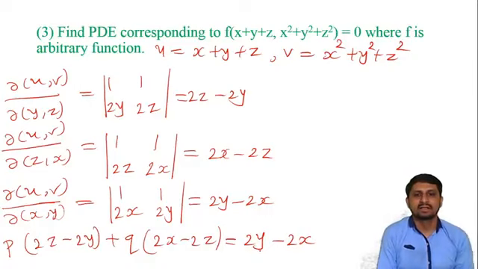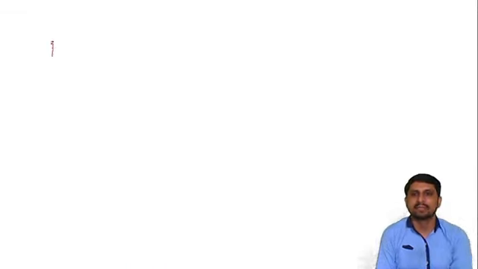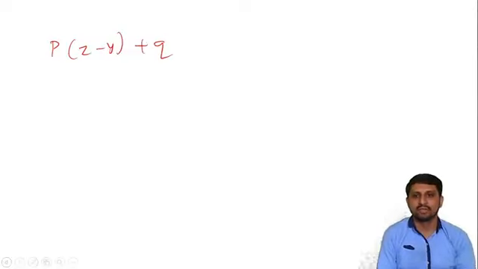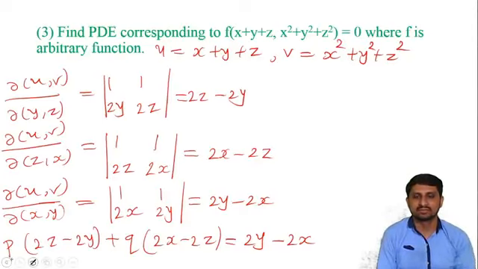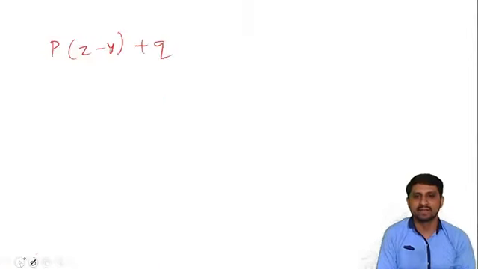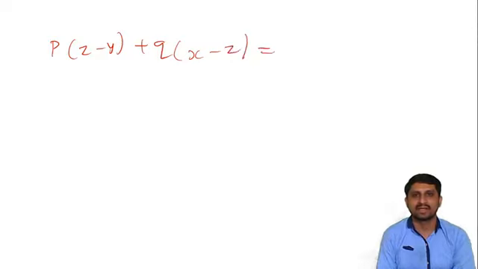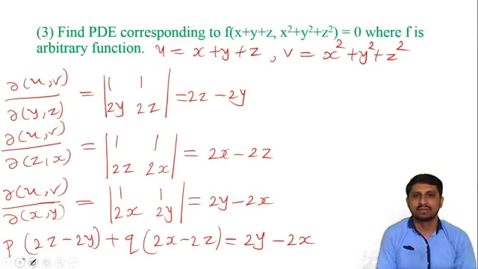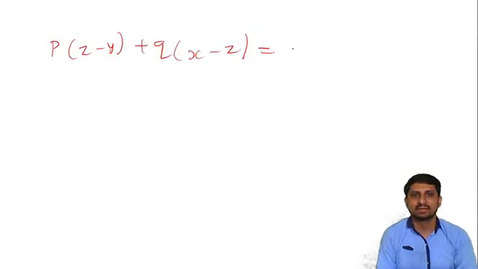Okay, here 2 will be common, so the final answer is p into z minus y plus q into x minus z is equal to y minus x. Okay, so this is y minus x, right? So this is our final answer.